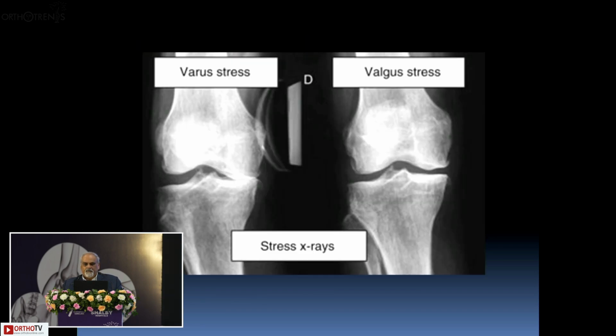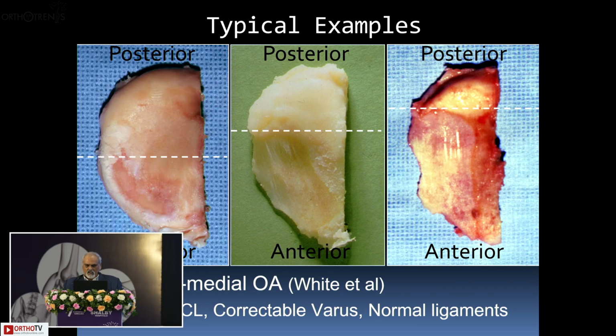So an anteromedial OA knee would correct in valgus stress with an intact lateral compartment, showing that the lateral cartilage is still intact. So these are some of the typical examples. As the ACL becomes increasingly dysfunctional, the wear starts moving more and more posteriorly.